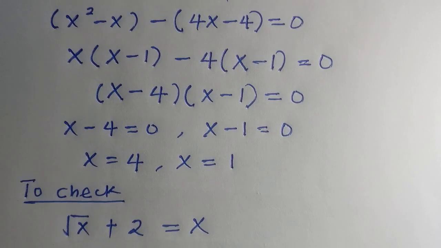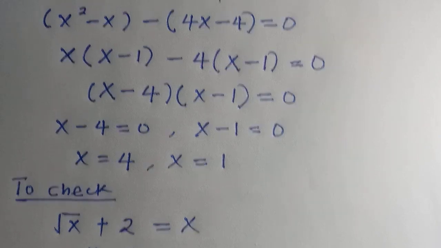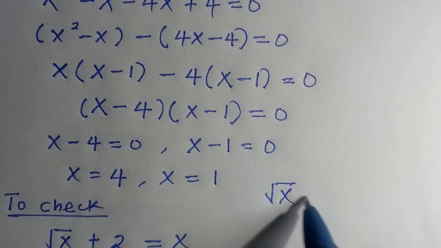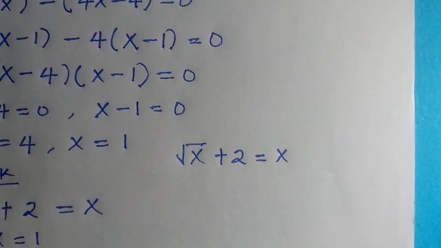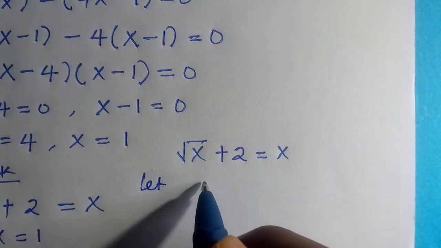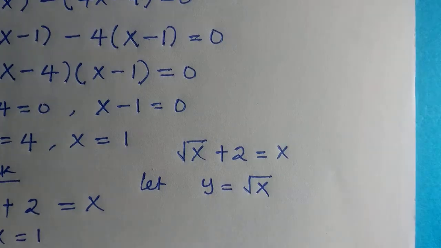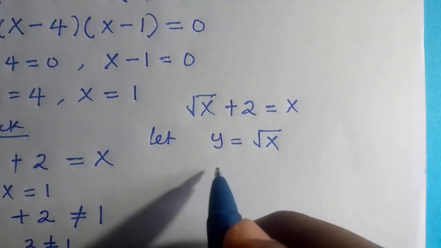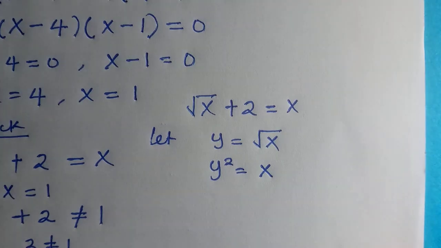I'm going to show you another method of solving this, but I may not solve it fully. Instead of having root x plus 2 equals x, we are going to make an assumption that we let y equals root x. When we have y equals root x, we can also have y squared equals x.